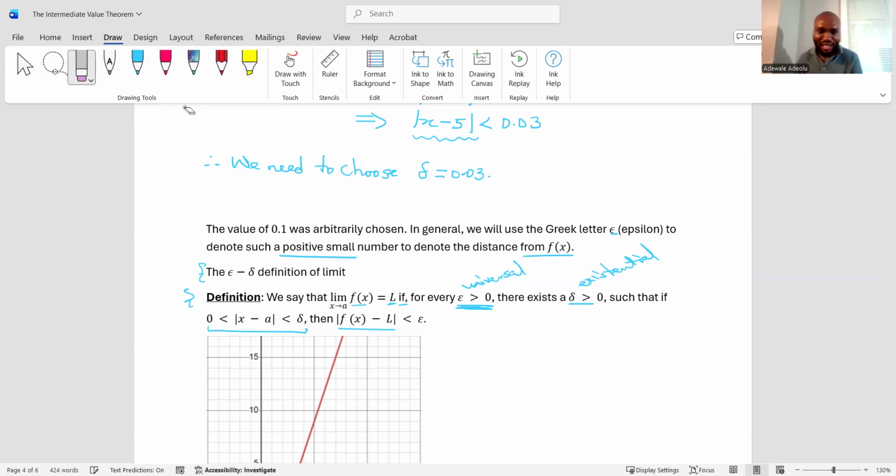Now, I will read the definition again without stopping so that you can make sense of it. Definition.